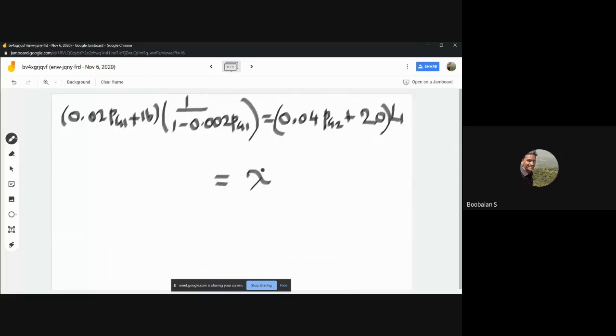So the lambda value is 25. I'm just going to use this same value over here. Instead of lambda, I'm going to use 25. We have two expressions over here, right? Now we need to substitute the entire equations, so let's equate them.